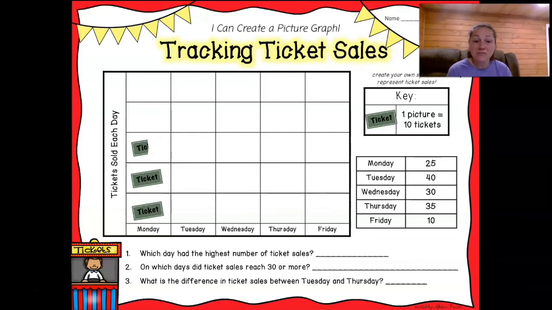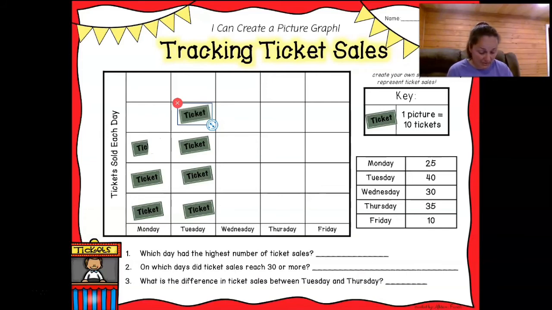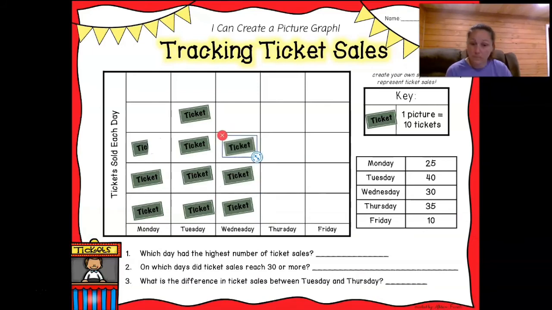Now we're looking at Tuesday. Tuesday says there's 40, so I'm going to need 4 tickets up. There we go. 10, 20, 30, 40. Wednesday says 30, so I'm going to make 3 tickets up. 1, 2, 3. And then I look at Thursday. Thursday says 35.